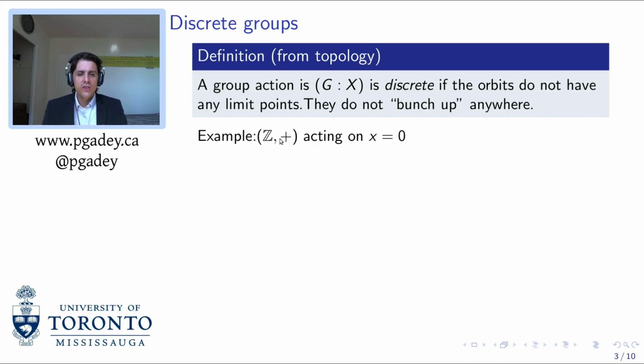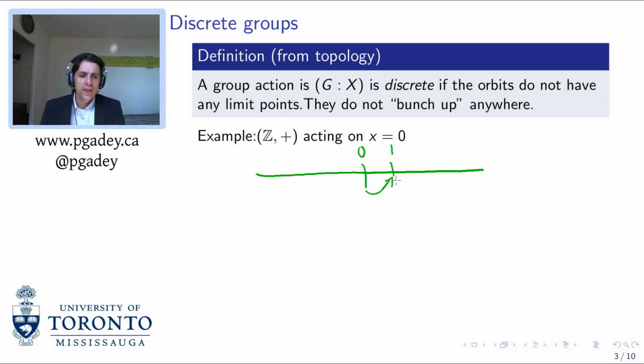We're going to consider the integers with addition acting on the point x0. So we'll draw our number line. We'll label the point 0. And now when the integers act by addition, we're translating over by integer amounts.